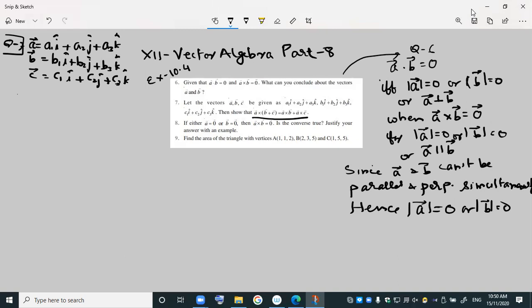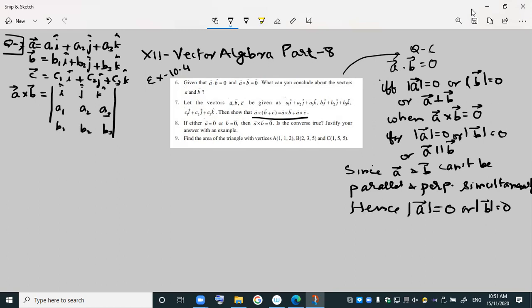If you find A cross B, you know that A cross B will be equal to the determinant i, j, k, and the coefficients A1, A2, A3, then B1, B2 and B3.